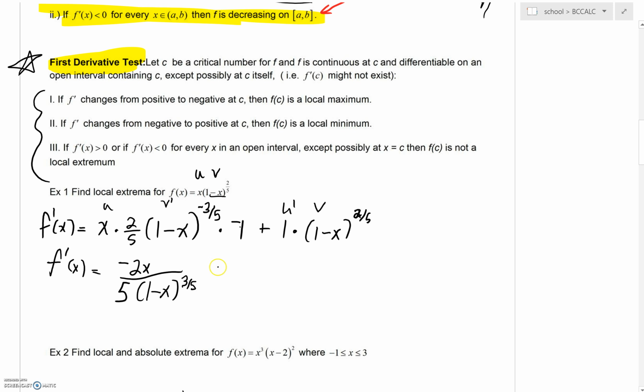As we multiply through by our 1, of course, we'll just have a 1 minus x to this 2/5 here. And again, what you want to do, we talked about this in the earlier section, you'd really ideally like to get a common denominator.